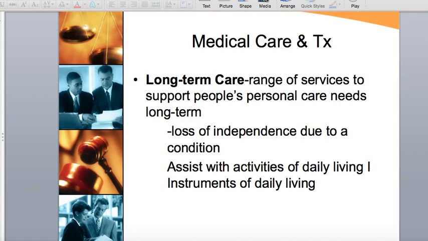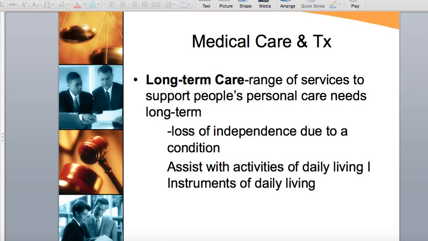Long-term care, another service delivery level, is a range of services to support people's personal care needs on a long-term basis. A lot of these patients have lost a level of independence due to a medical condition or a chronic illness.